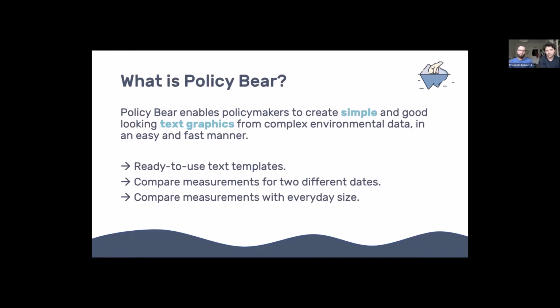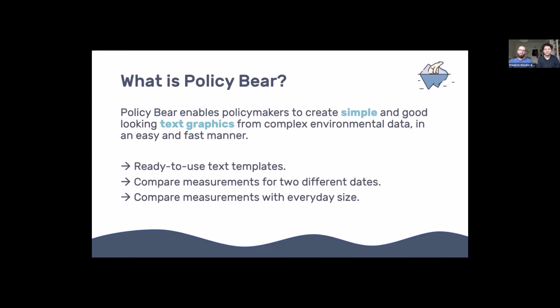The result of our tool are simple text graphics. You can imagine these like text modules that are combined by our software with the results of measurements. So you can choose between different parameters, such as, for example, carbon dioxide concentration or methane concentration in the atmosphere.